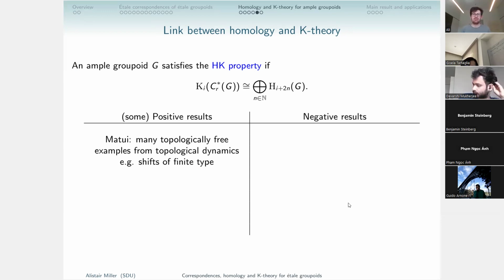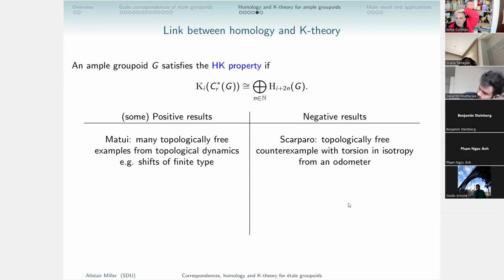Many of these examples come from topological dynamics. Matui introduced this idea and proved it for a lot of really nice examples. So we have lots of positive results, but there are counterexamples.